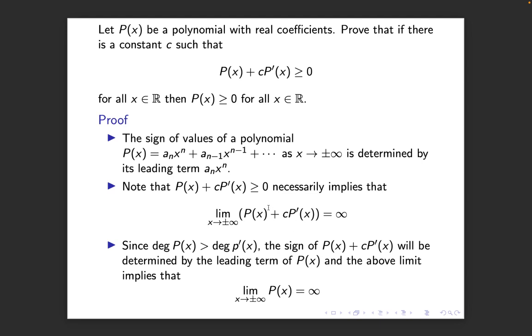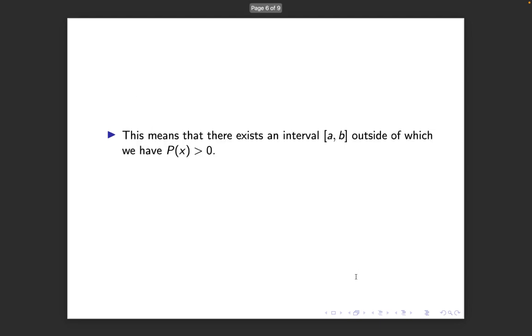Another way to see that is, if the limit as x goes to plus or minus infinity of this polynomial, which has the same leading coefficient as p of x, goes to infinity, then a_n has to be positive and the degree here has to be even. That's the only way this can happen, and the same conditions imply that the limit as x goes to plus or minus infinity of p of x is equal to infinity. This in particular means that there is an interval AB outside of which we have p of x strictly greater than 0.